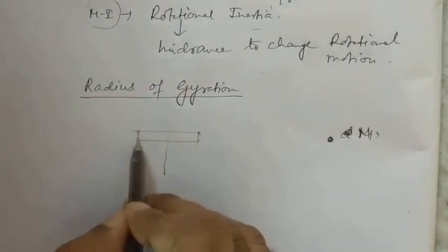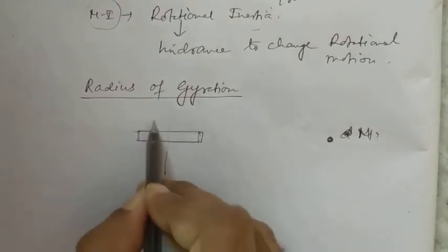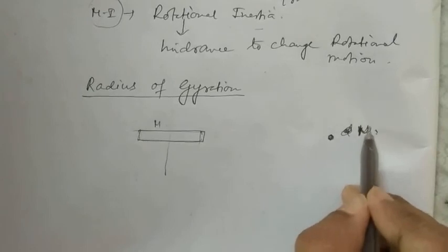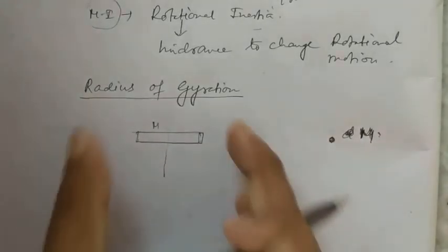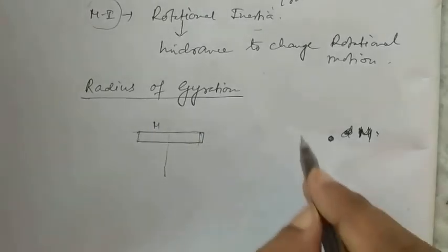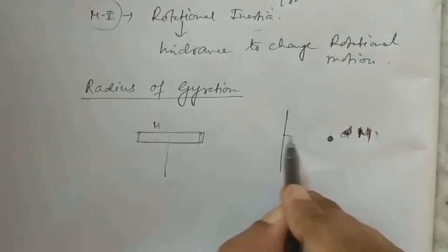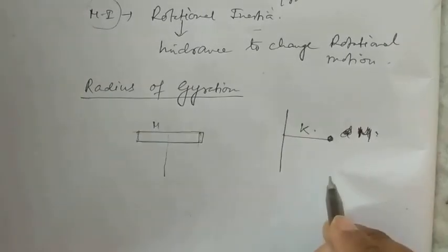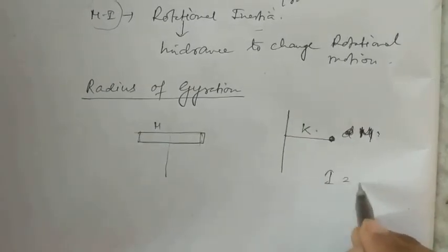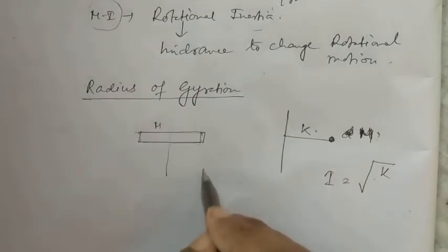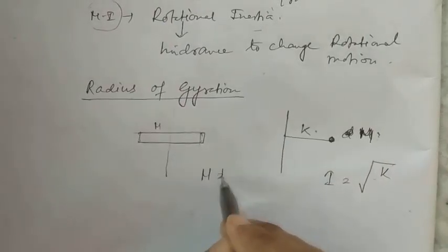That means the total mass of this rod was m, and the rod has been condensed to a single point of mass m. Now, if this mass is separated from the axis of rotation by a distance k, we can write I is equal to mk square.